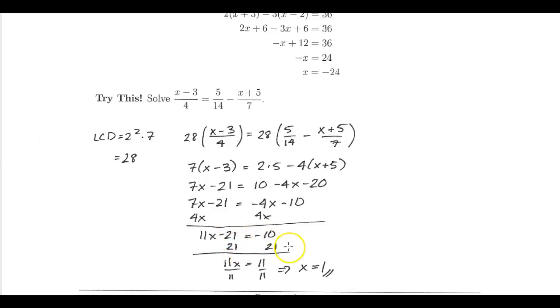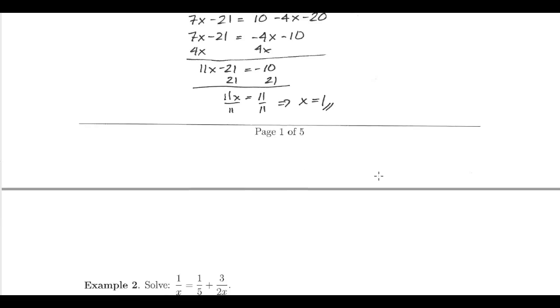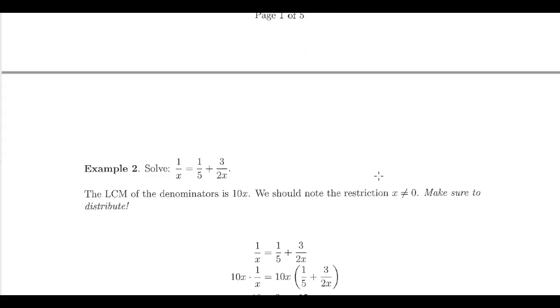Then we can add 21 to both sides to get 11x on one side, and we have 11 on the right-hand side. We divide both sides by 11, and we get x equal to 1. Multiplying both sides by 28 and making sure to distribute and simplify is really important when solving these types of equations.